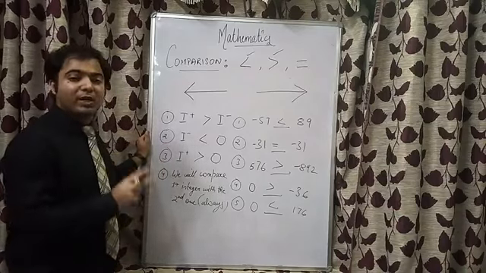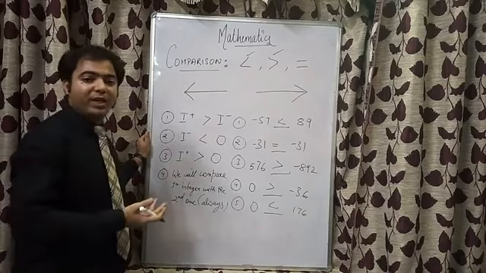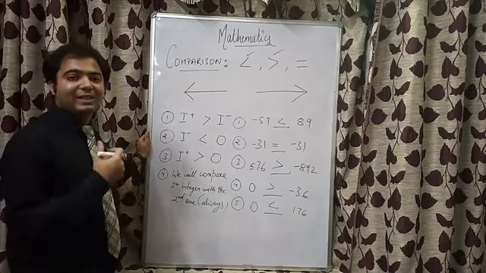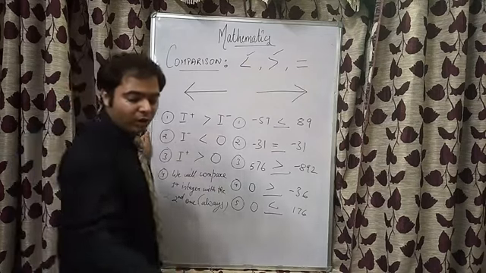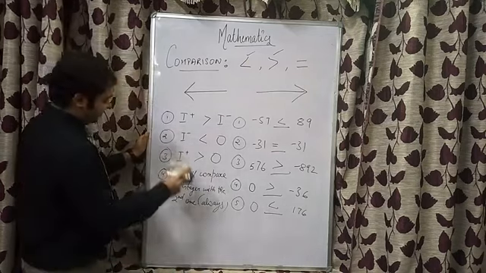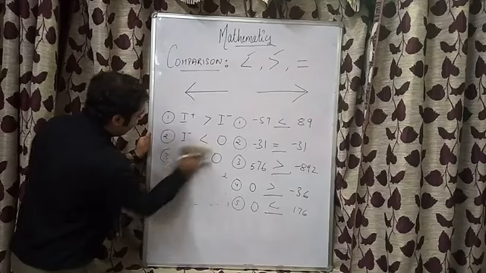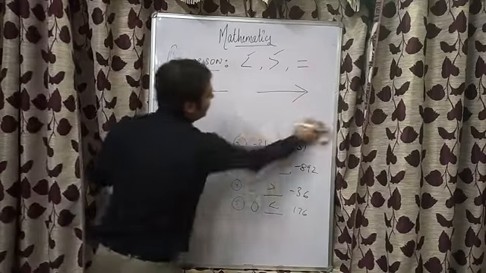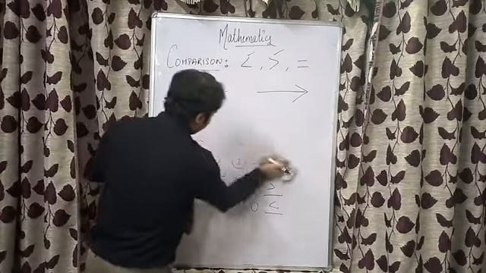When we are comparing two integers. Suppose we have got more than two integers, then we term it as ascending order or descending order. So the next thing that we will be covering in the session is ascending order and descending order of integers. Right?